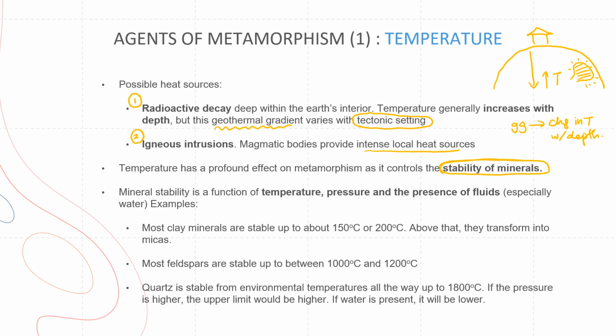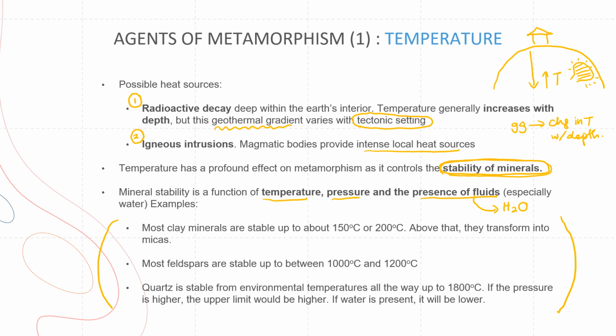And the stability of minerals is a function of temperature, pressure, and the presence of fluids. And by fluids, we especially focus on water. So we'll have a look at these examples on the bottom to further elaborate this point.